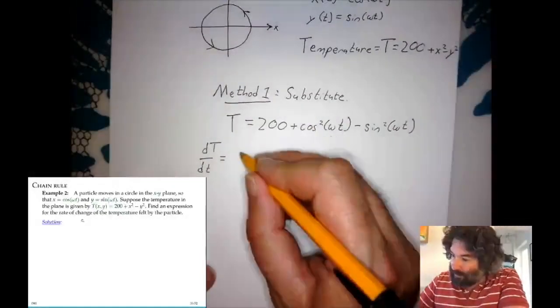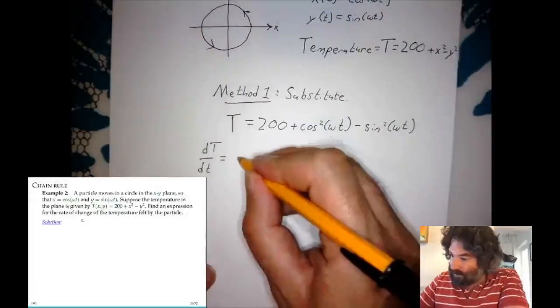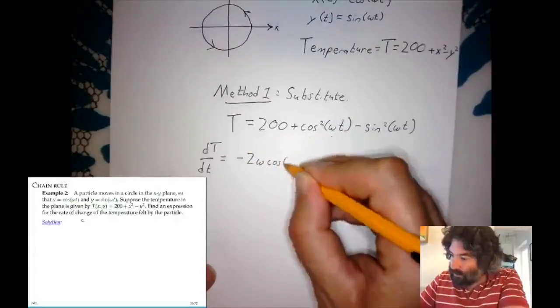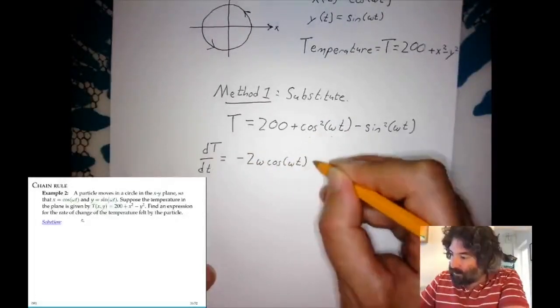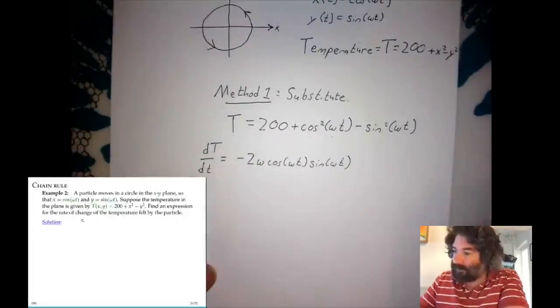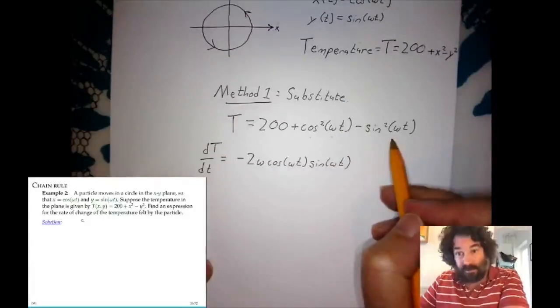And when you do that, you have this derivative of cosine squared omega t is negative 2 omega cosine of omega t times sine of omega t. And then we differentiate sine squared of omega t.